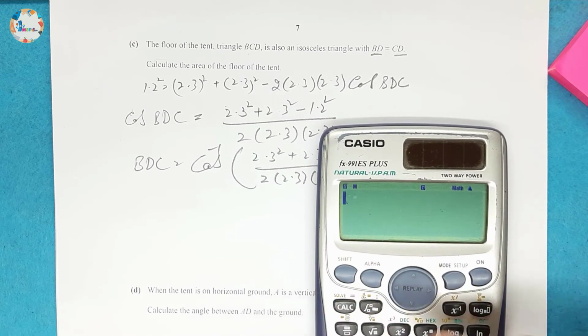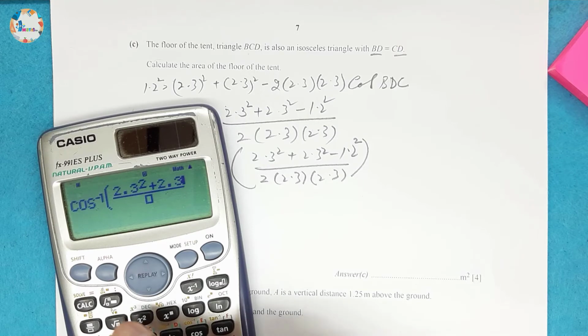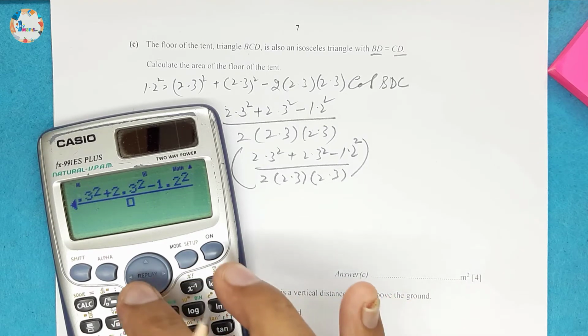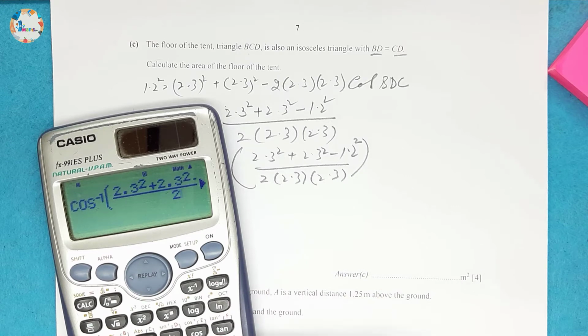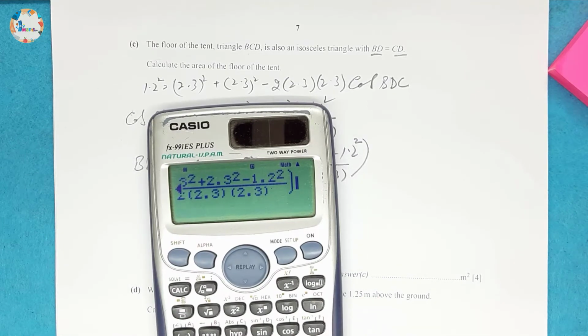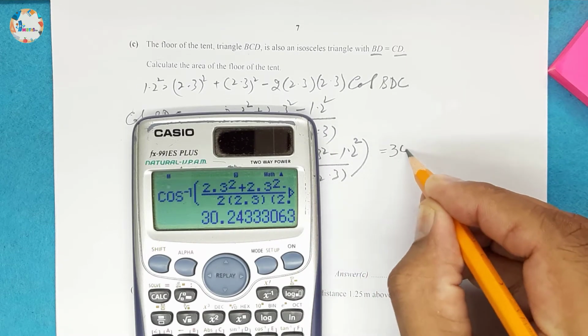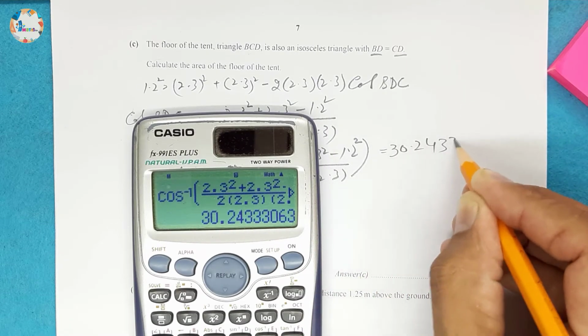So cos inverse of 2.3 squared plus 2.3 squared minus 1.2 squared, divided by 2 into 2.3 into 2.3. This is the cosine rule which we have applied, and this will be equal to 30.24333.